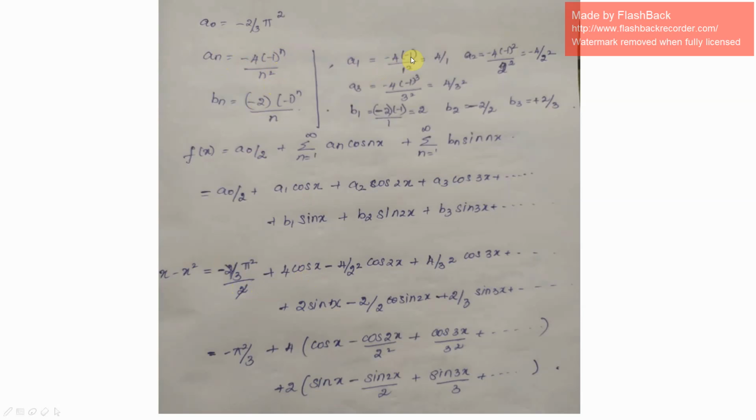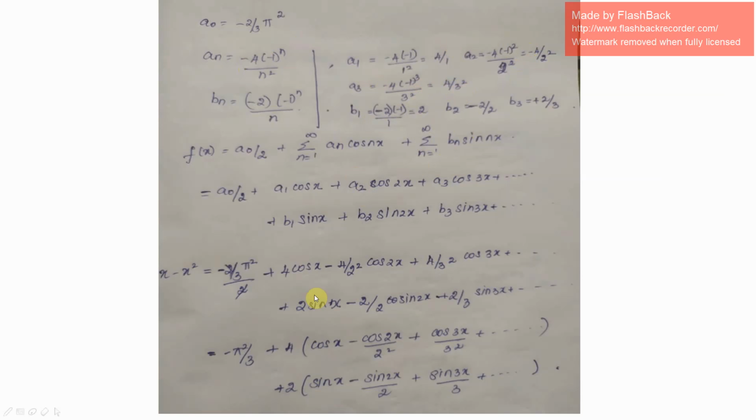So it will be minus 4 minus 1 power 1 by 1 square, which is nothing but 4 by 1. Likewise, I substitute n is equal to 2, I will get a2 as minus 4 by 2 squared. When I substitute n is equal to 3, you will get 4 by 3 square. Likewise, I do same thing with my bn. So I will get b1, b2, b3.